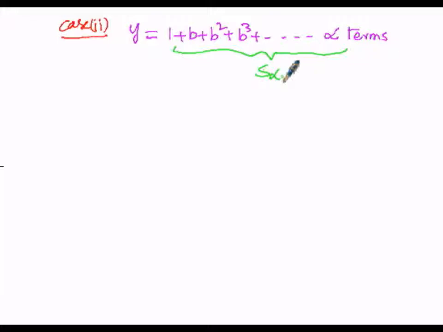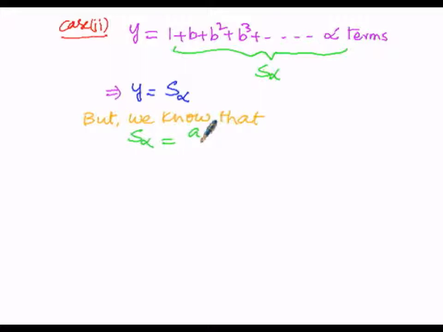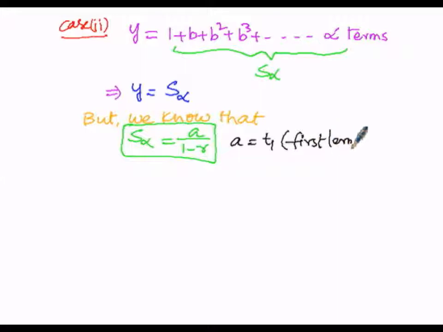Then the next logical step: that implies y equals, since we supposed 1 plus b square up to infinity as S of infinity, y equals S of infinity. But we know that S of infinity is given by a divided by 1 minus r, where a equals t1, which is the first term, and r indicates the common ratio.